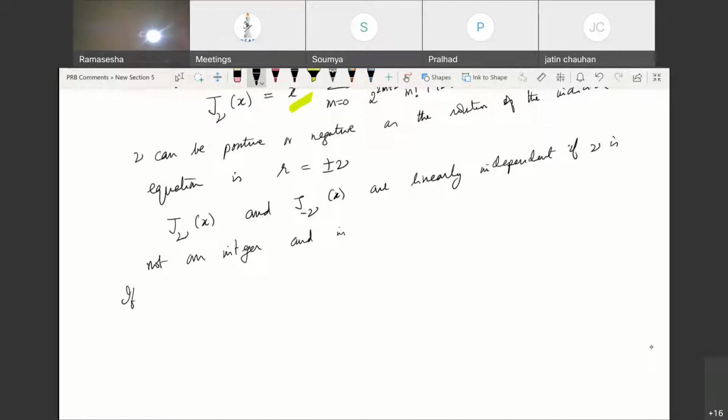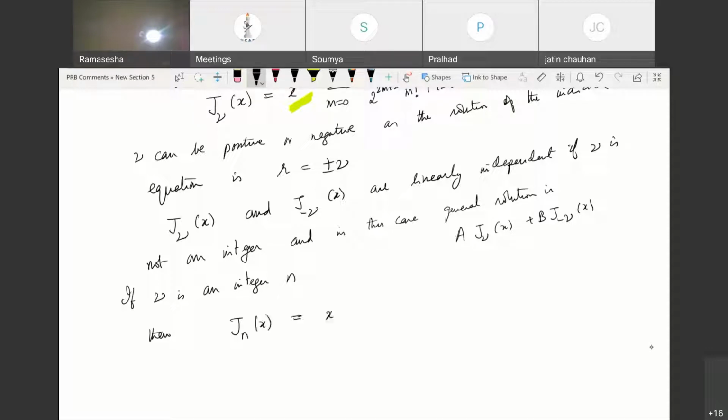Now what happens? Nu in general is a times plus b times a minus, then a, this is m is infinity minus x to the power divided by 2 to the power m plus m factorial n plus.